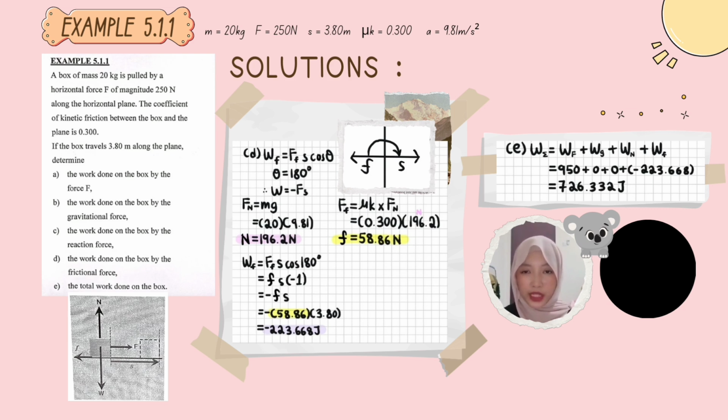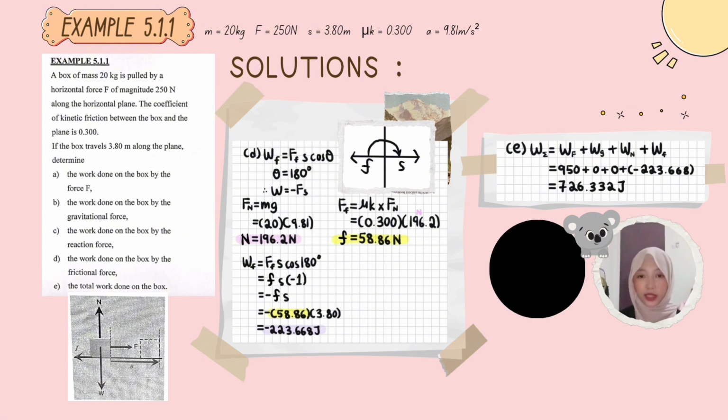The frictional force formula is mu k multiplied by Fn, where mu k is 0.300 multiplied by Fn 196.2, and the answer for frictional force is 58.86 Newton. So from the formula W equals negative Fs, where F is the frictional force 58.86 multiplied by s 3.80, the answer will be negative 223.668 joule.